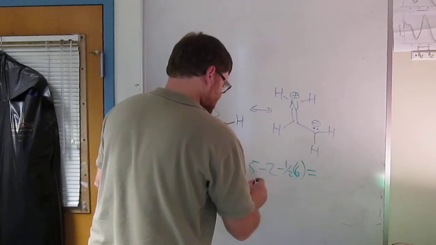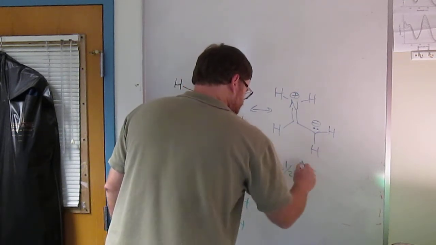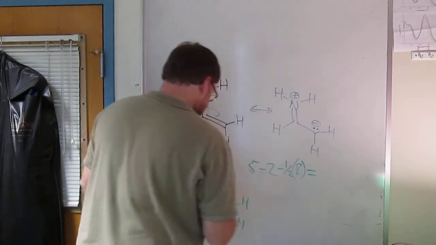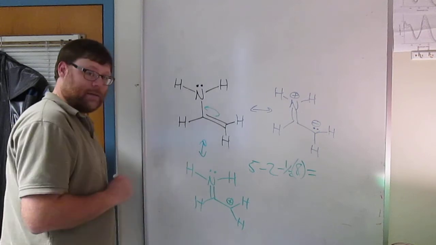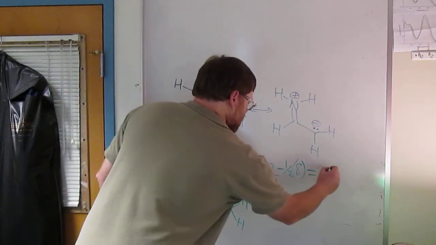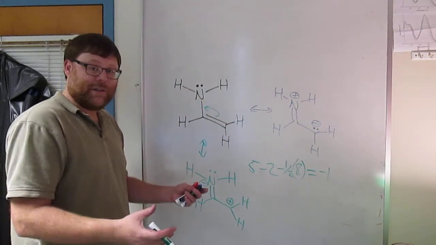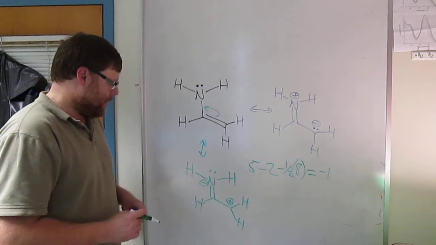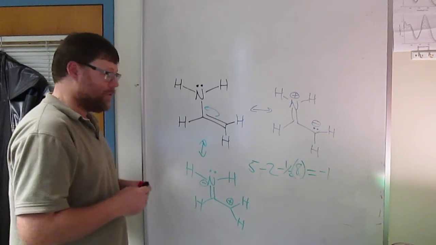Wait, half of 8. Gotta always check your work. This nitrogen has 1 lone pair, 2 electrons, 8 shared electrons. So 5 minus 2 minus half of 8 is -1. So that has a -1 charge. Net charge is 0. Connectivity is the same. So why isn't this a resonance form of the initial molecule?